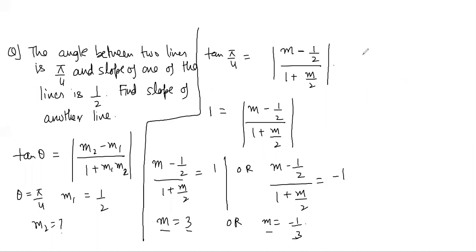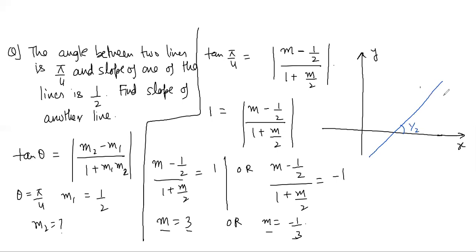Let us try to draw a figure and visualize what is going on here. Suppose this is my x-axis, this is my y-axis, and the slope of one of the lines is 1/2. Suppose this is 1/2. Now the other line is making an angle of pi/4 with this line. So the other line can be this line, which is making an angle pi by 4 with this, or it can also be this line, which is also making an angle pi by 4 with this.